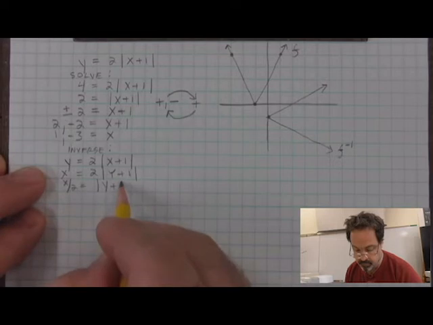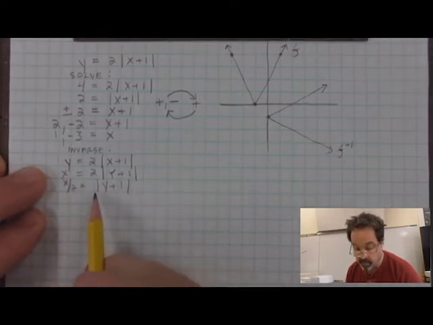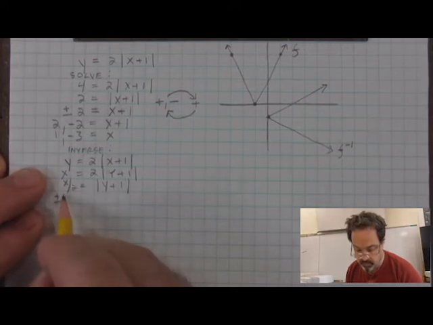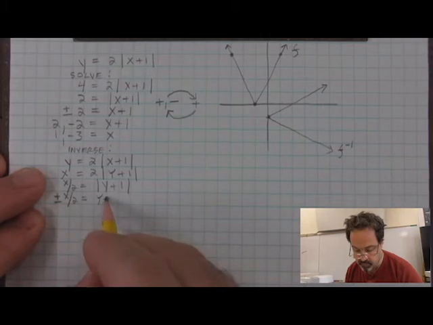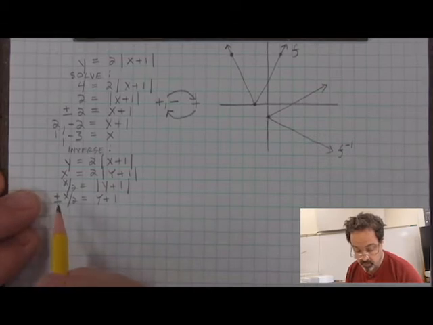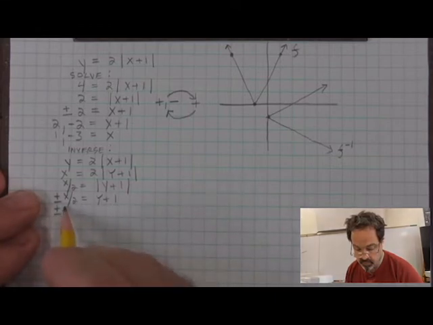Then I'm going to undo the absolute value bars by including both the plus and minus version of the other side, which cancels out the absolute value bars. And then I'm going to subtract 1. I have two answers here. I'm going to keep the symbol plus and minus x over 2 minus 1 is equal to y.